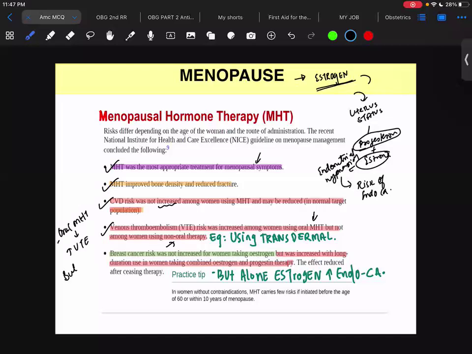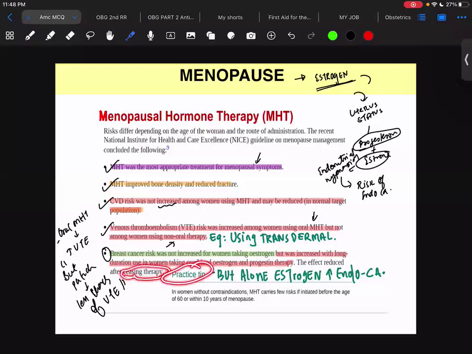But those who are using patches or intrauterine devices have less chance of venous thromboembolism. Breast cancer risk was not increased. So please remember this: breast cancer risk was not increased for women taking estrogen alone, but was increased with long duration use in women taking combined estrogen and progestin therapy. The effect reduced after ceasing the therapy.